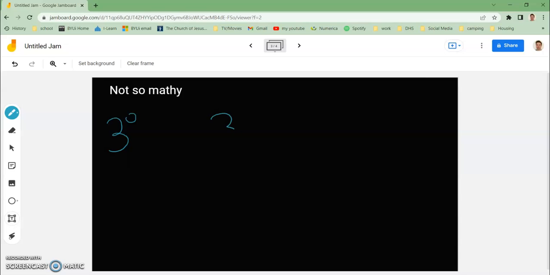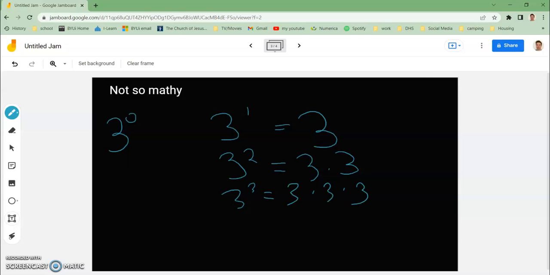Well, let's look at 3 to the first power. We know that that's just going to be 3. We also know 3 squared is going to be 3 times 3, and so on. 3 cubed is going to be 3 times 3 times 3.